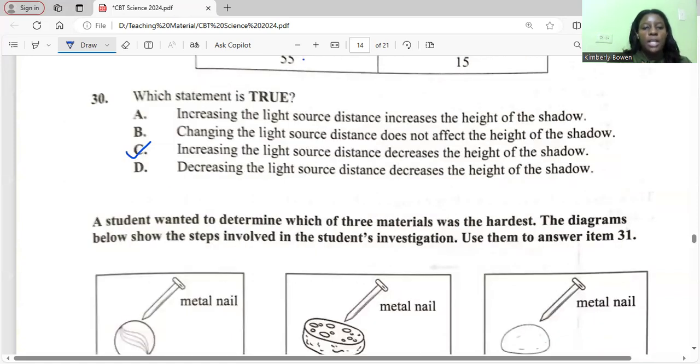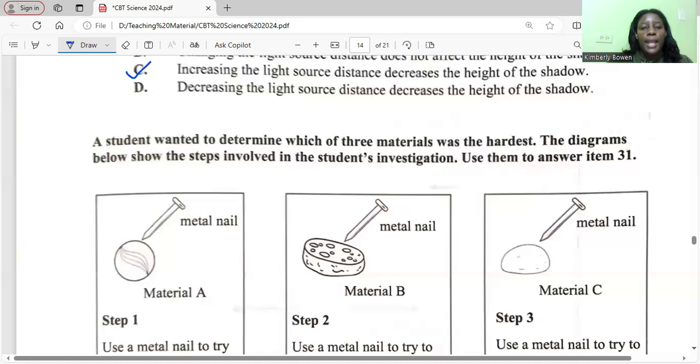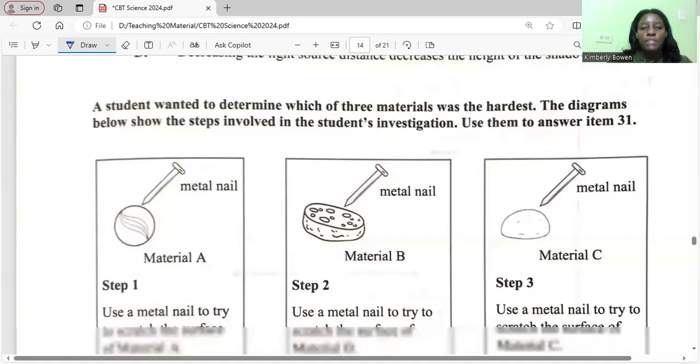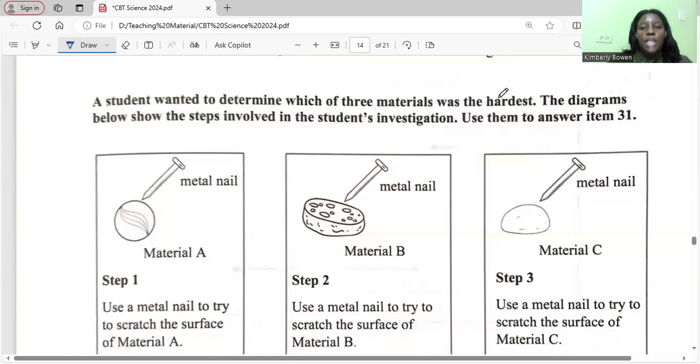Next question. A student wanted to determine which of the three metals was the hardest. The diagrams below show the steps involved in the student's investigation. Use them to answer item 31.